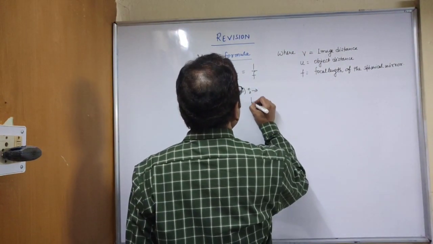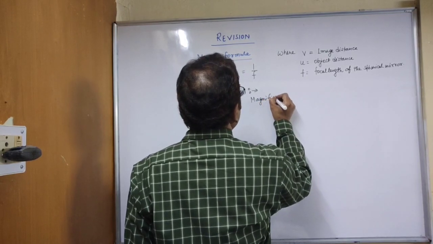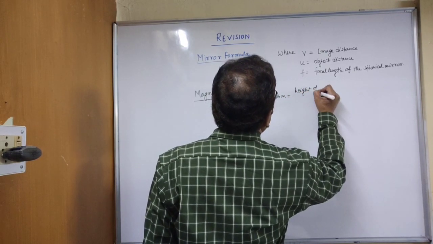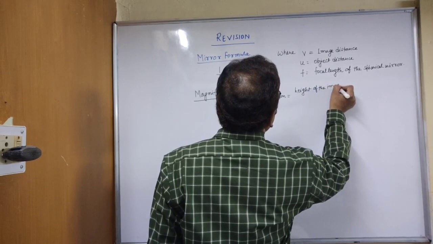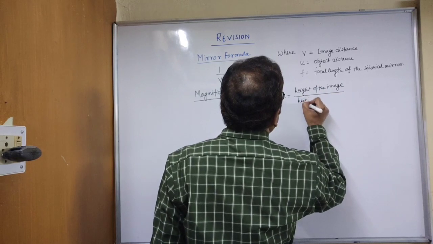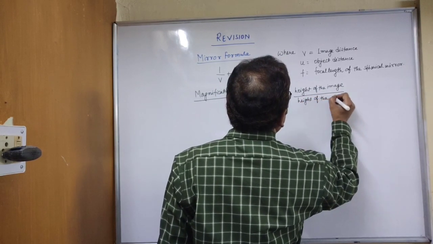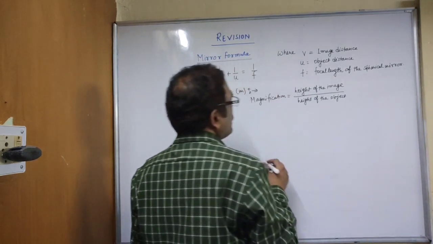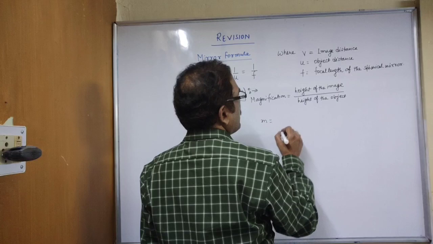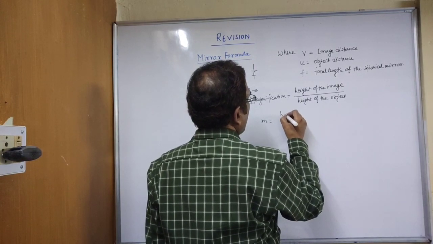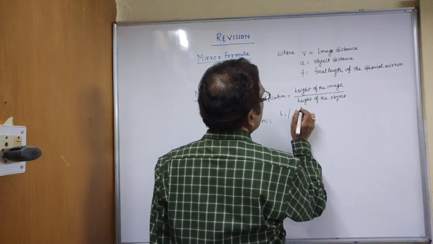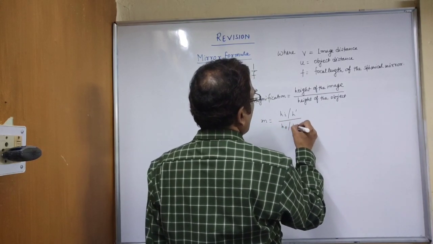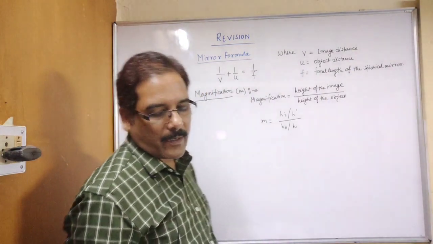So magnification is equal to height of the image by height of the object, and symbolically you can also represent it. m is equal to, you can write either hi, or h dash, for the height of the image, and for the height of the object you can write ho or h, like this. Isn't it?